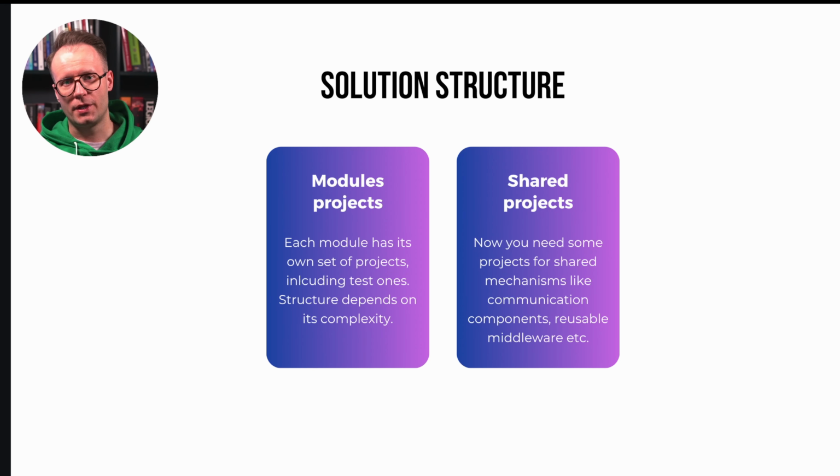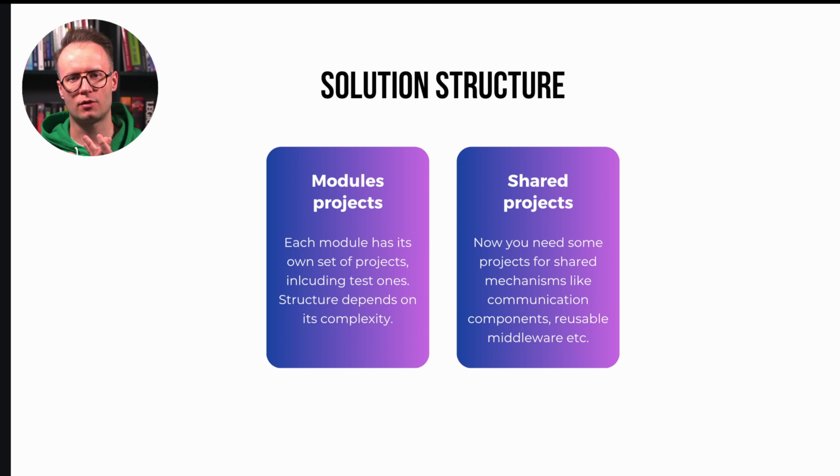Okay, let's say we decided on our infrastructure. Now we need to think about our solution structure, what to do there. And there are several different things to remember. One thing is that we will need to grab our folders and represent these folders with a set of projects.